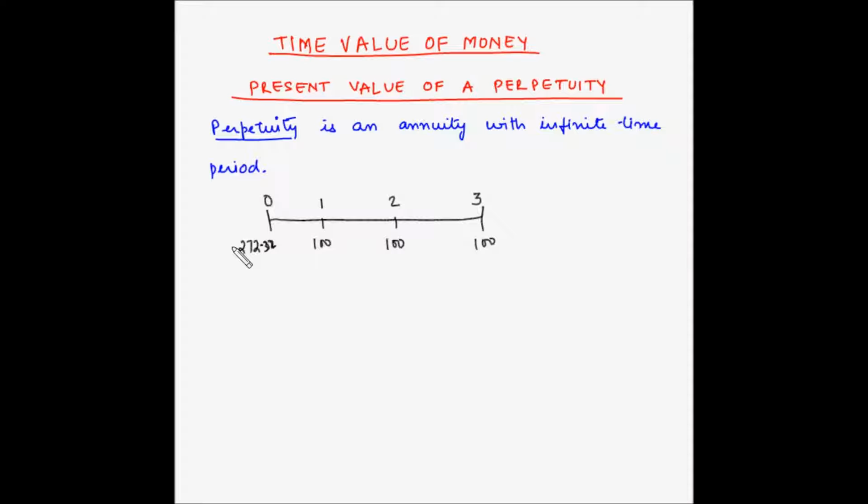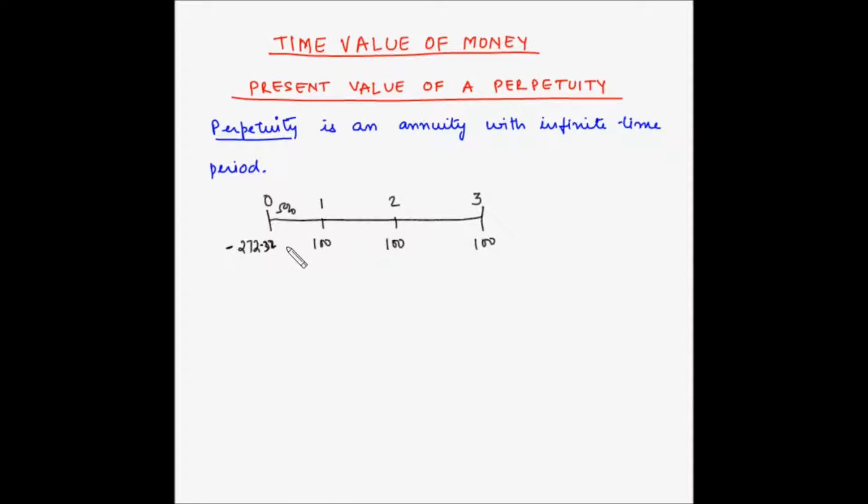So let's say this is negative, that means it is going out from our pocket. So we are investing this amount and we are getting 100 rupees at the end of each year into our pocket. The rate of interest is 5%.